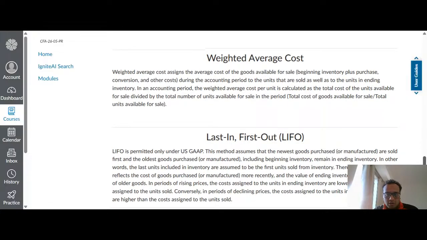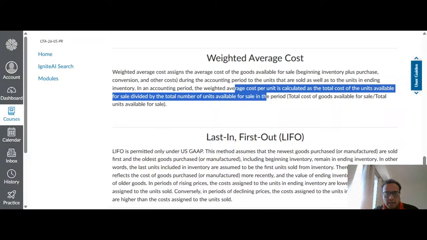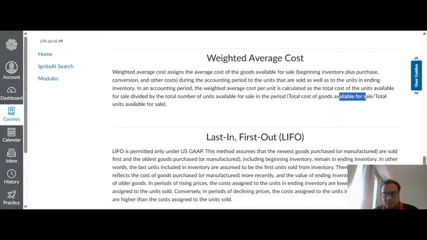Weighted average cost: in an accounting period, the weighted average cost per unit is calculated as total cost of goods available for sale divided by total units available for sale in that period.